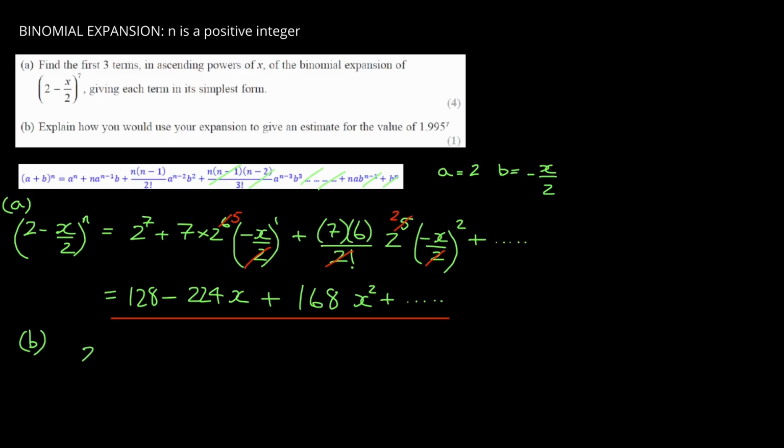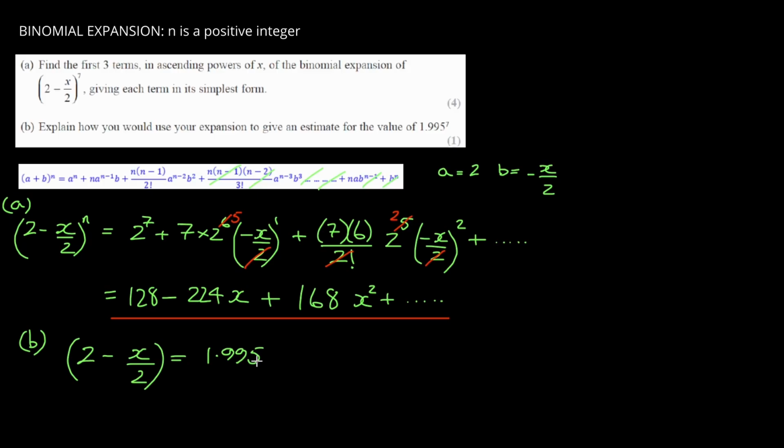So if I set up that 2 minus x over 2 is equal to 1.995, all I've got to do is solve for x in this equation, and then that result goes into our binomial expansion, and we can get an estimate for 1.995 raised to the power 7 just using our binomial expansion.